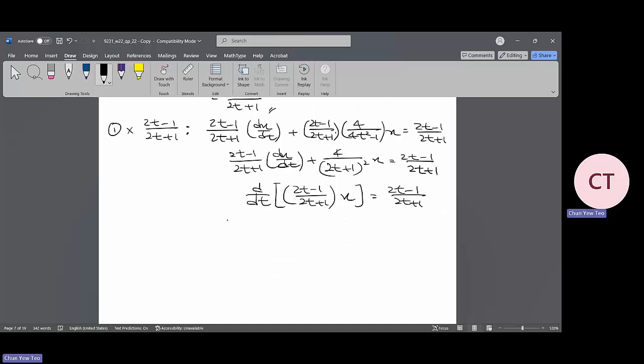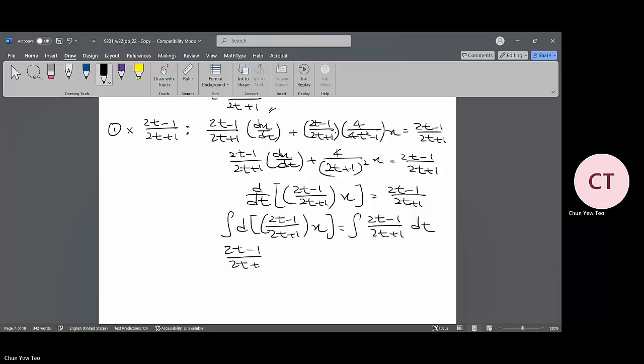Then you will get the integral of d of this equals the integral of this dt. So your left hand side result will be straight away like this. This is your left hand side result.